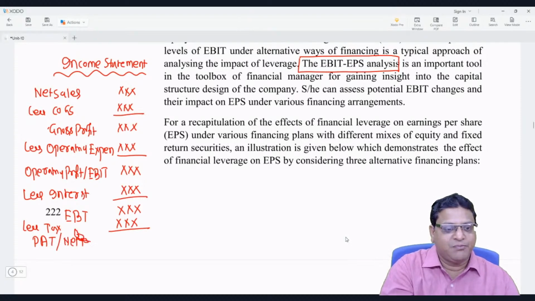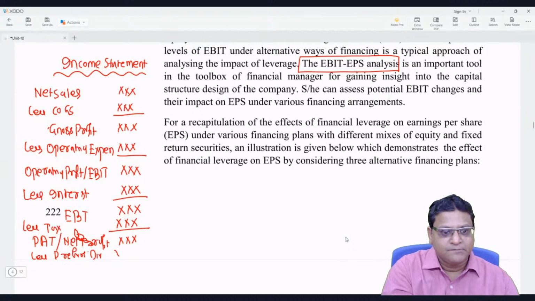Once you have net profit, what do you do? You deduct preference dividend, and you get earning for equity shares.